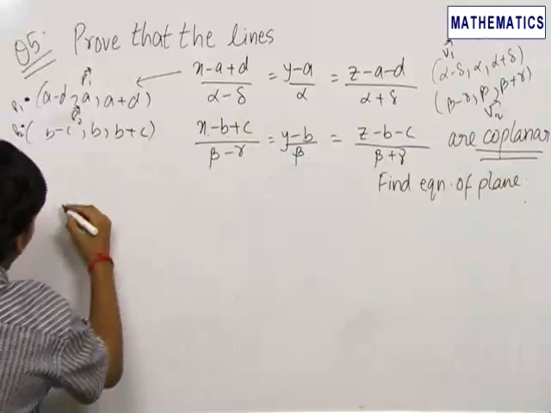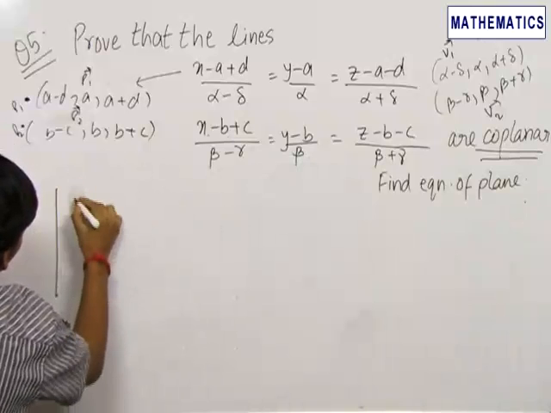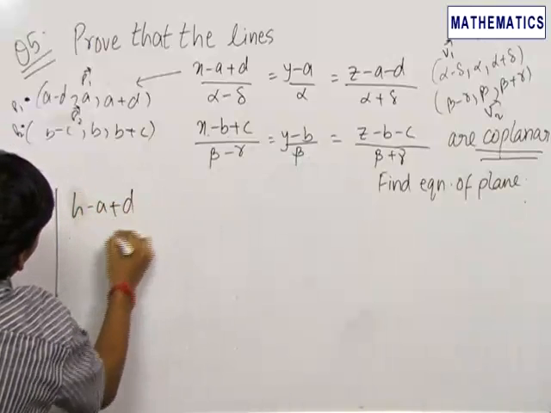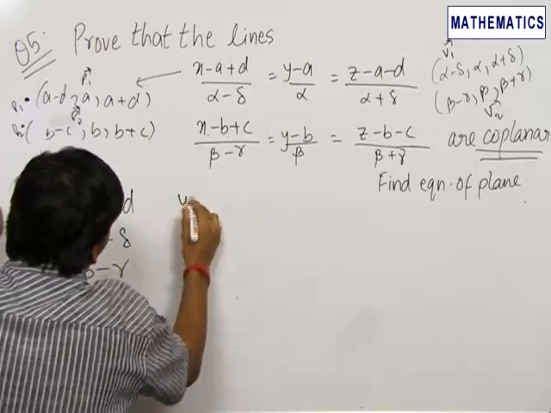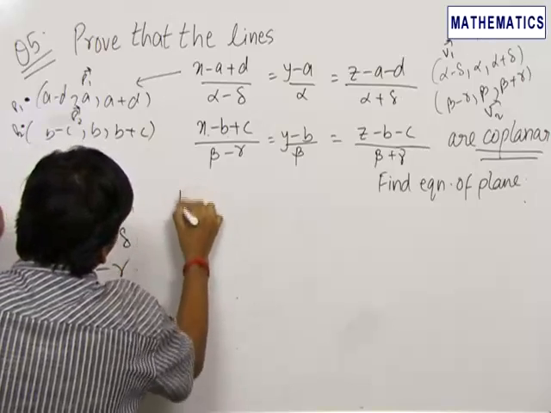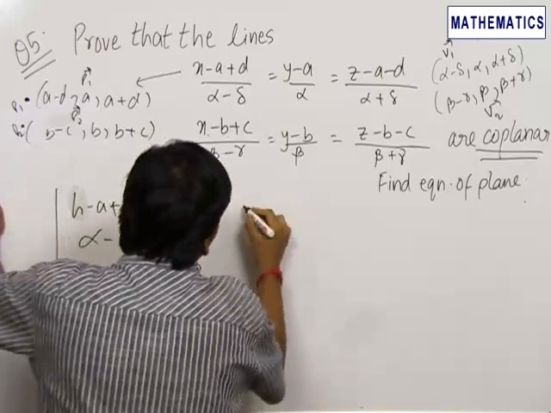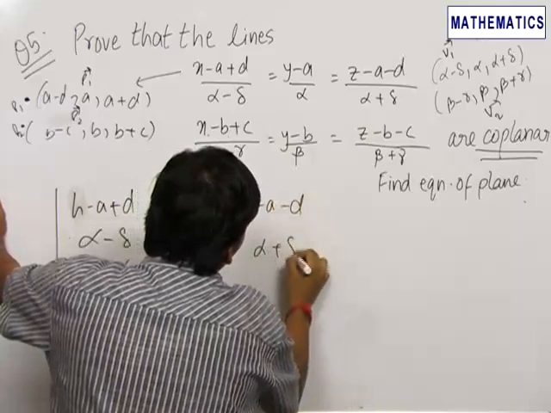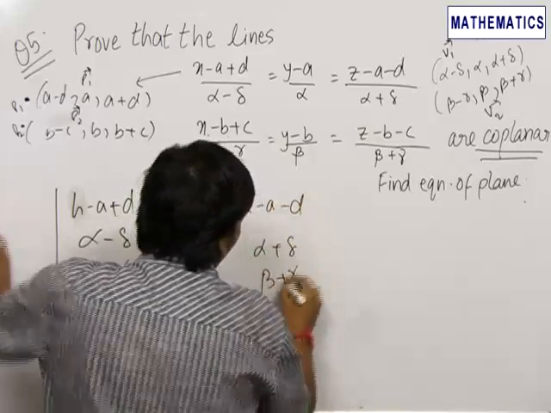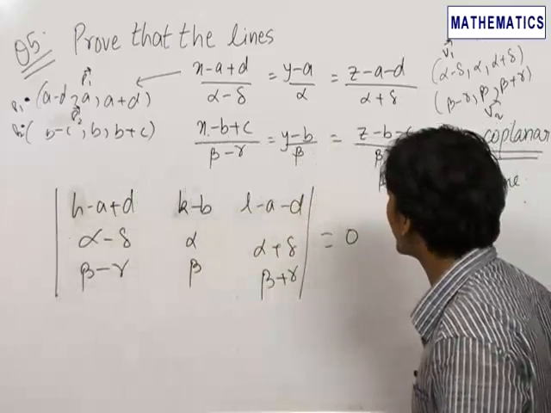Now, therefore what we had got is that h minus a plus d, alpha minus delta, beta minus gamma, k minus b, alpha, beta, and here we get l minus a minus d, alpha plus delta, beta plus gamma is equal to 0. Now this is a relation solely in terms of h, k and l.